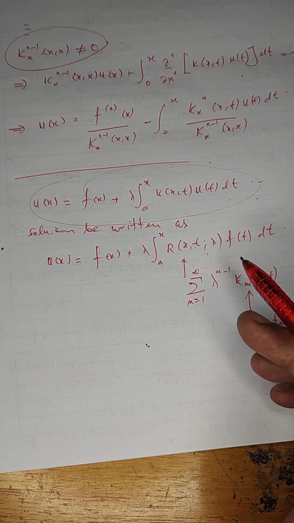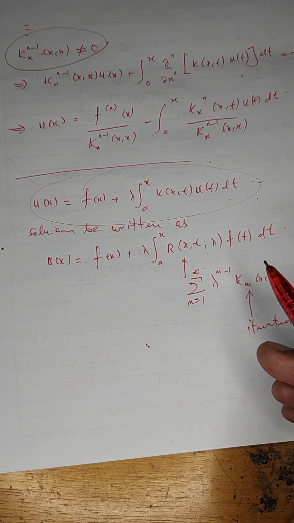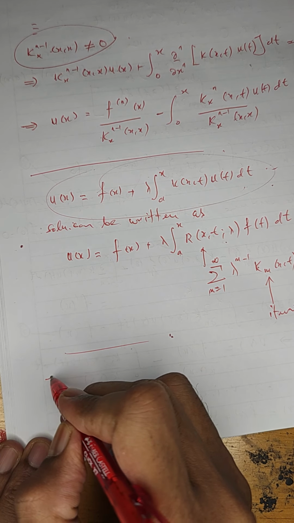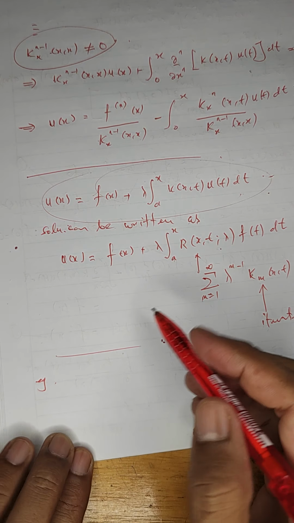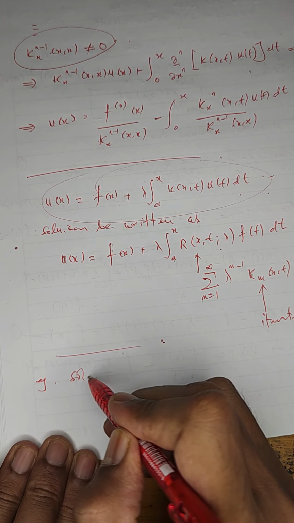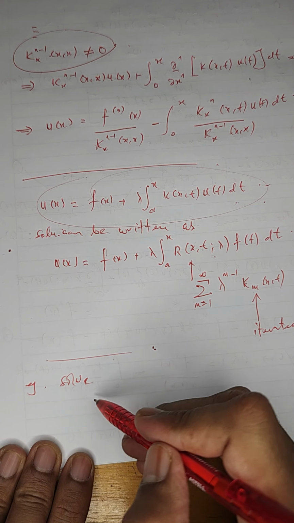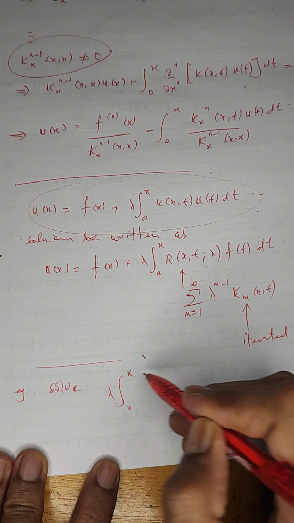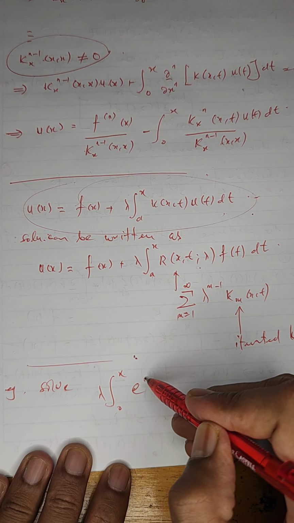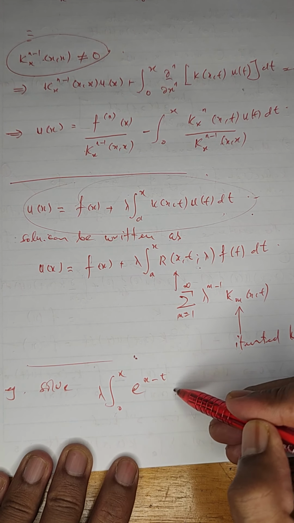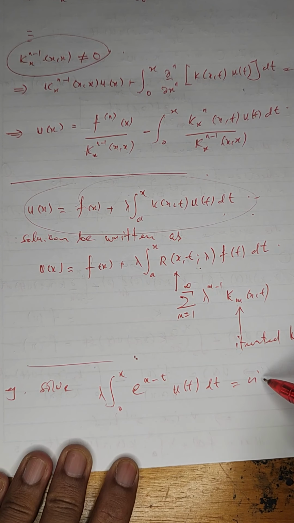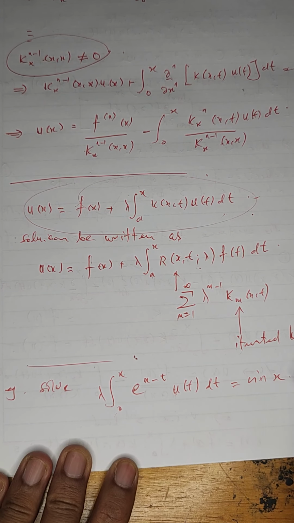Now let's say we want to solve an example. We have lambda integral from 0 to x of e^(x-t) u(t) dt equal to sin x.